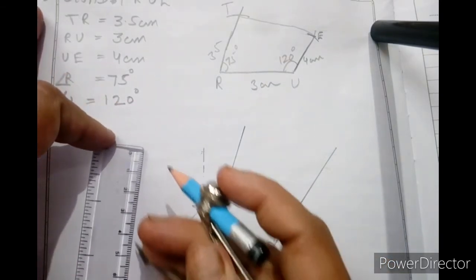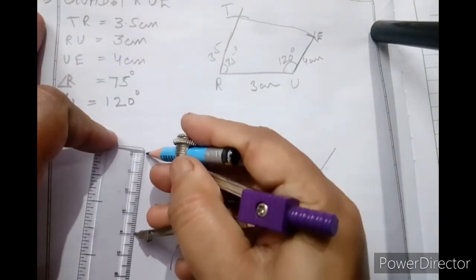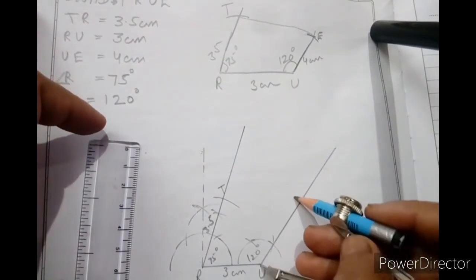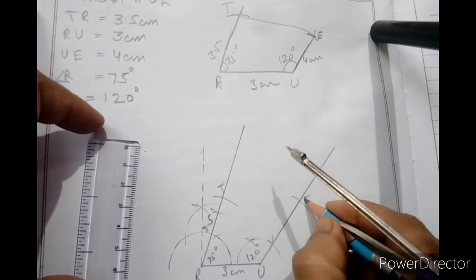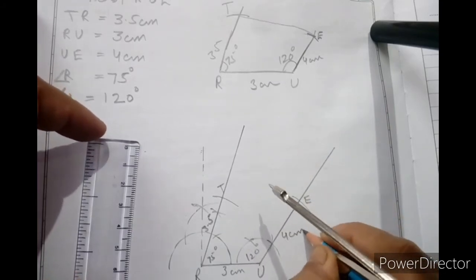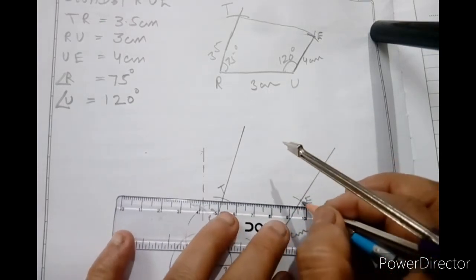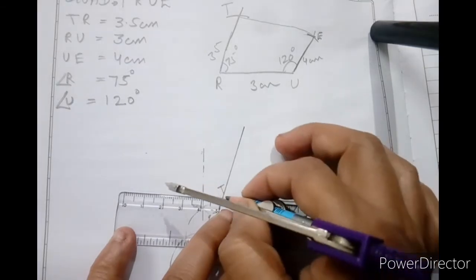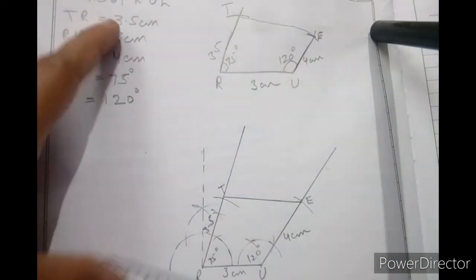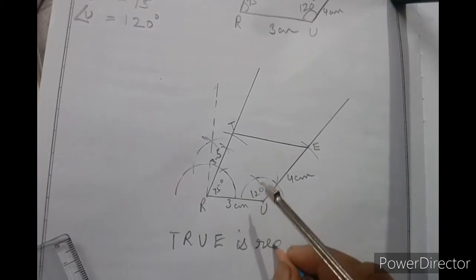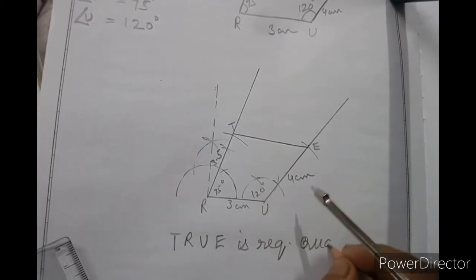Now the same with U. This is E, 4 centimeter, and when you join TE, you get TRUE as the required quadrilateral.